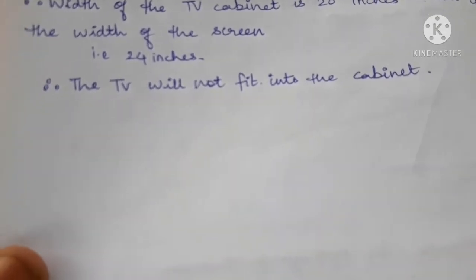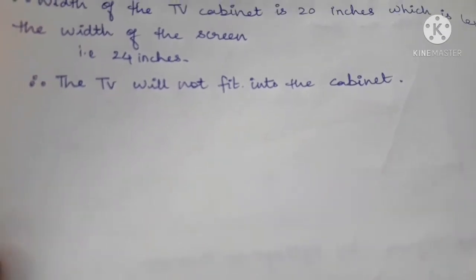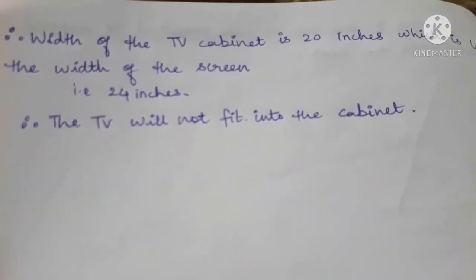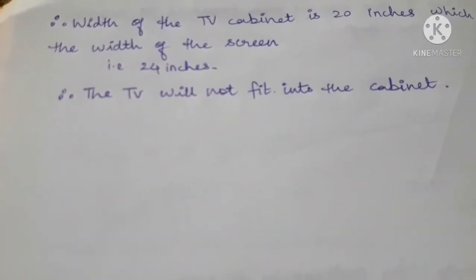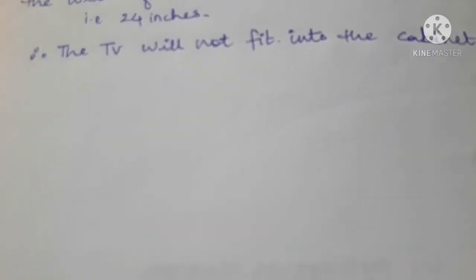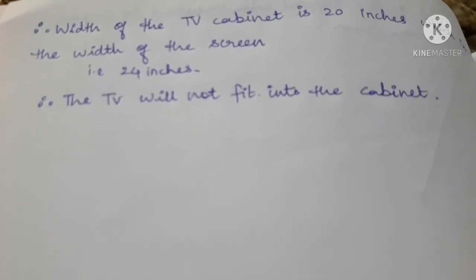Now only we have found out the width of the TV screen. Therefore, the TV will not fit into the cabinet. We have to give the reason, right? The cabinet's width is smaller than the TV screen. So, the TV will not fit into the cabinet. Like that, you should give the answer.